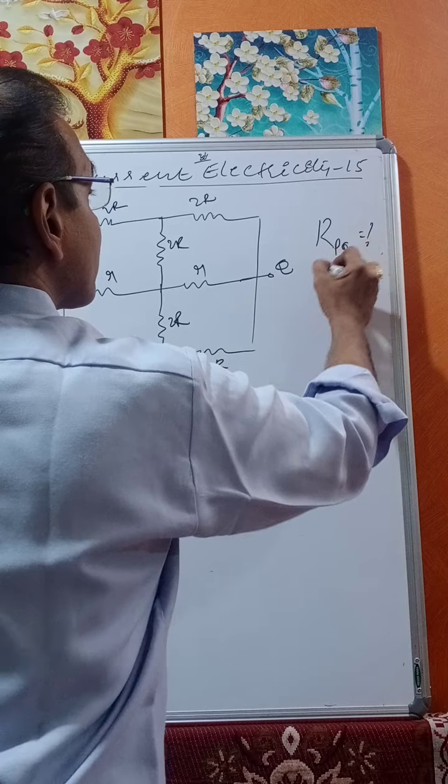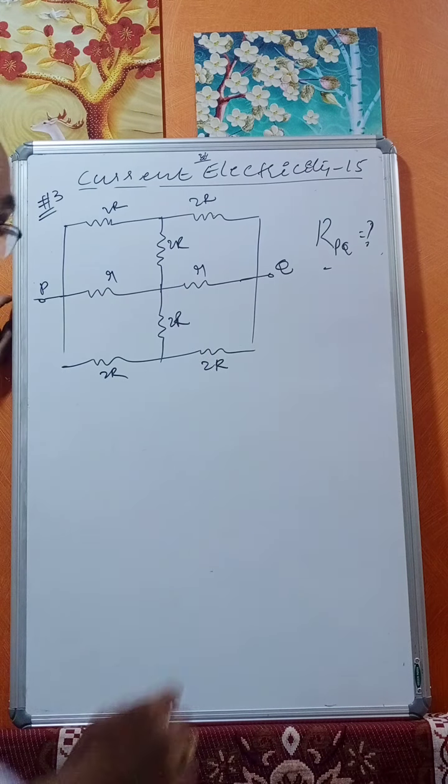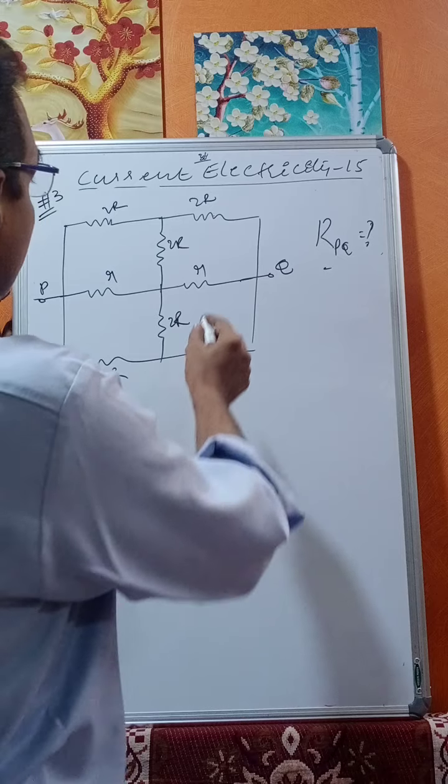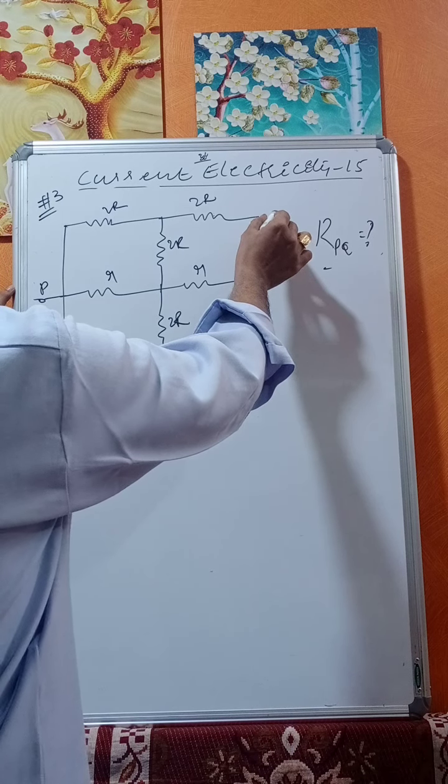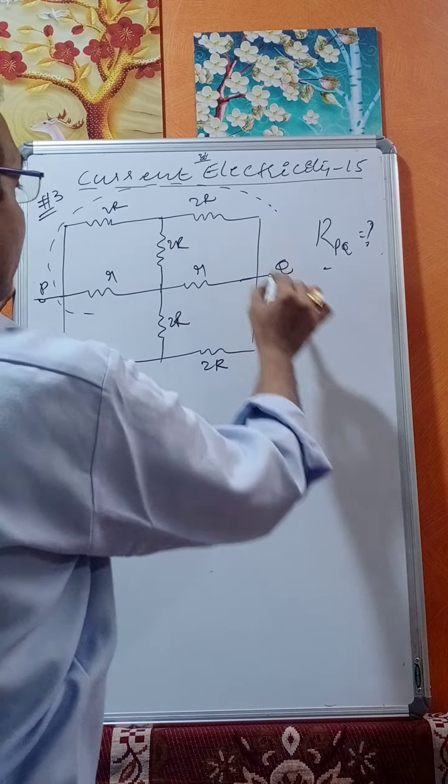Now what is the equivalent resistance between P and Q? We require R PQ. If you look at this, this is like one Wheatstone bridge.